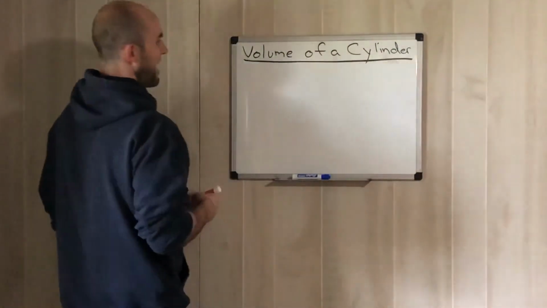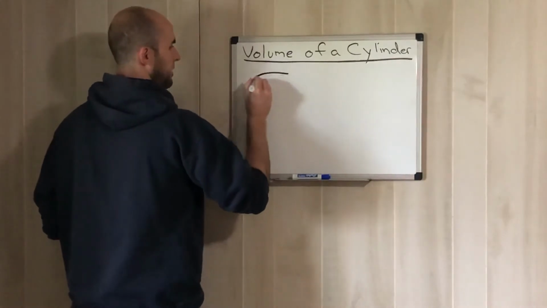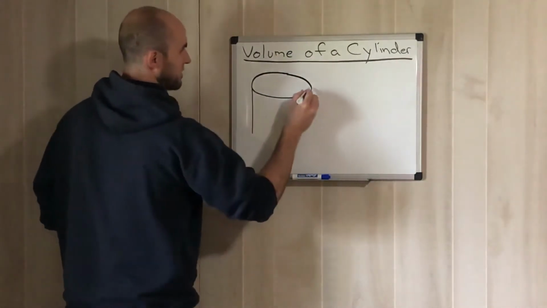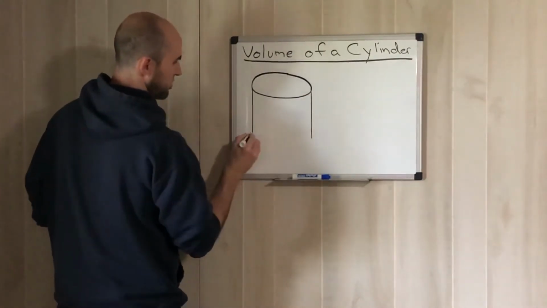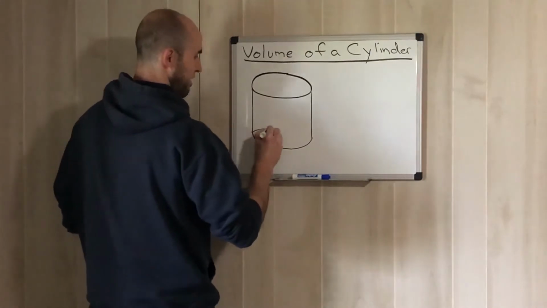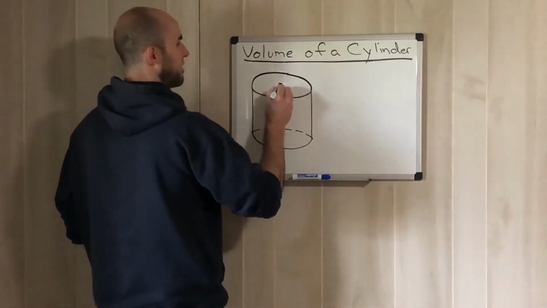Let's say that we have a cylinder. And let's make it look different. Sometimes you have shorter cylinders, sometimes you have taller cylinders, other times you have thinner ones, all the same. And again, for the cylinder, you need a radius.